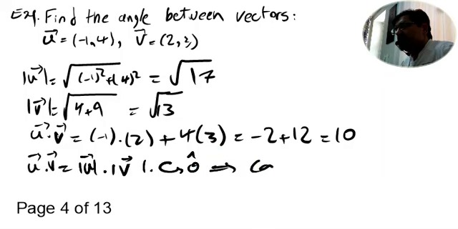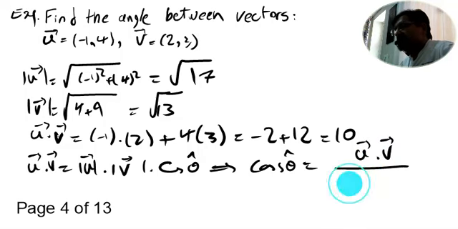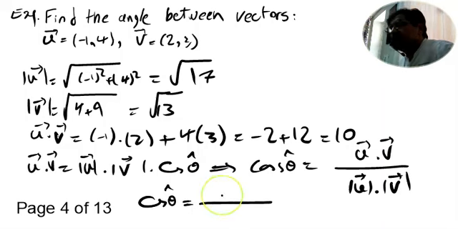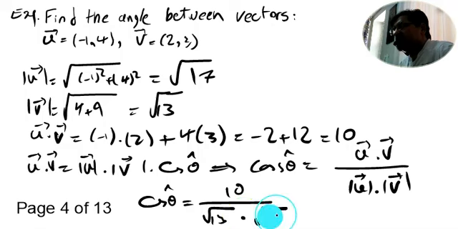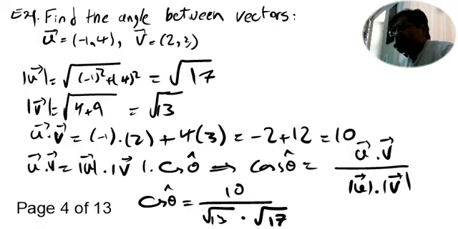So cosine of theta is U dot V over norm of U multiplied by norm of V. That is, cosine of theta is 10 over square root of 13 multiplied by square root of 17.